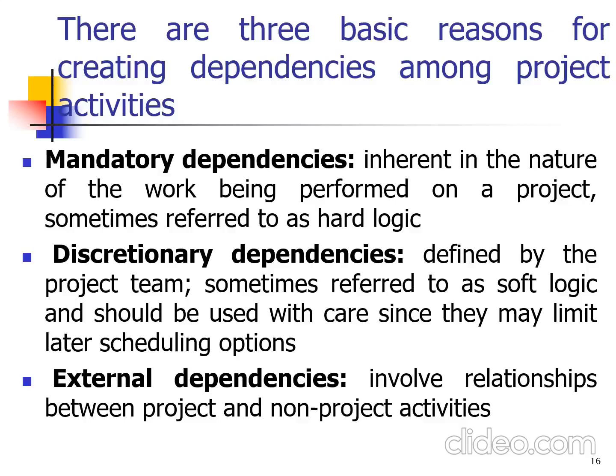We also have discretionary dependencies, which are defined by the project team, sometimes referred to as soft logic, and should be used with care since they may limit later scheduling options. We also have external dependencies, which involve relationships between project and non-project activities.